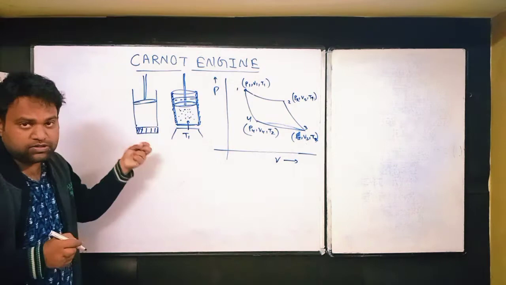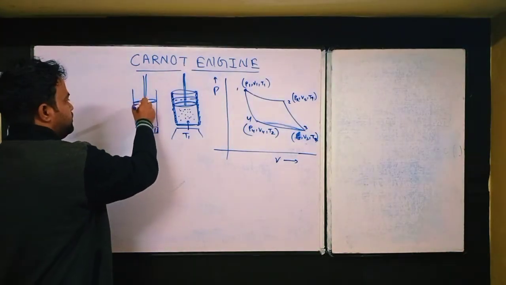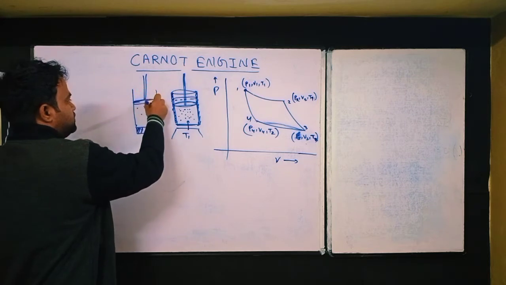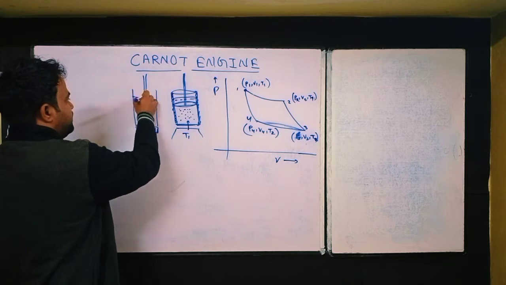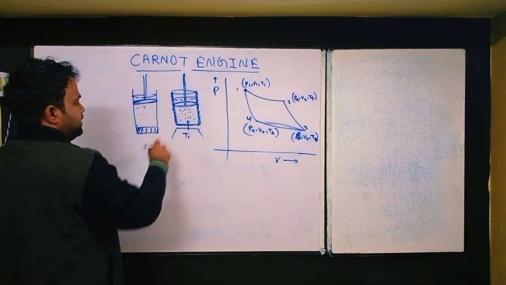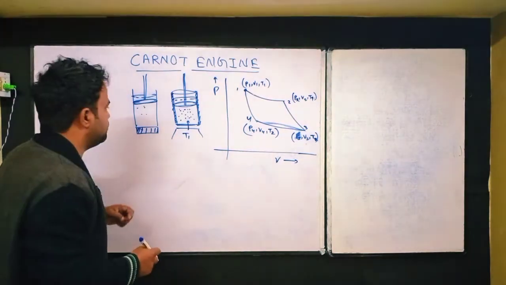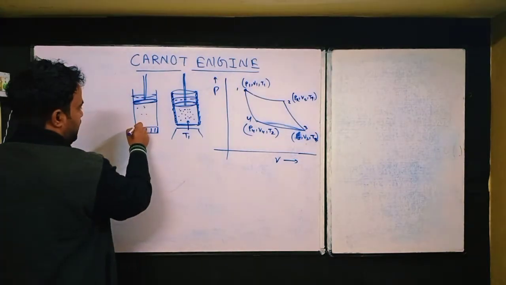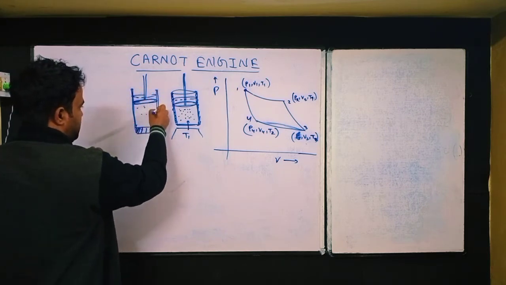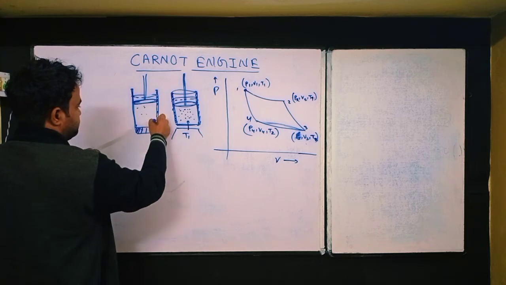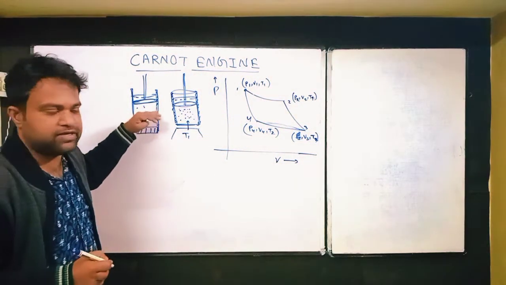Because the molecules are random, the gas molecules will push the cylinder further upward, and the volume will expand further, but not much. In the isothermal case the volume expands much more, and here a smaller amount of volume will increase. When I keep it on an adiabatic stand, what will happen? In the second case I supply no external heat.